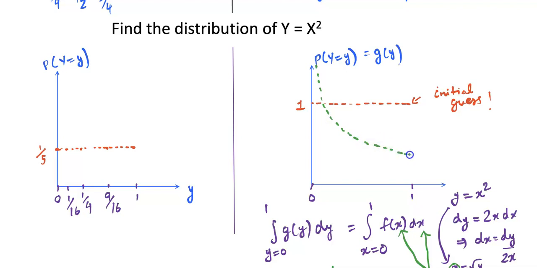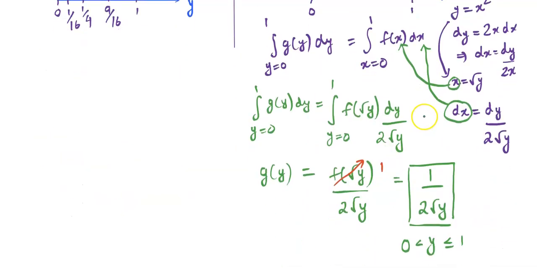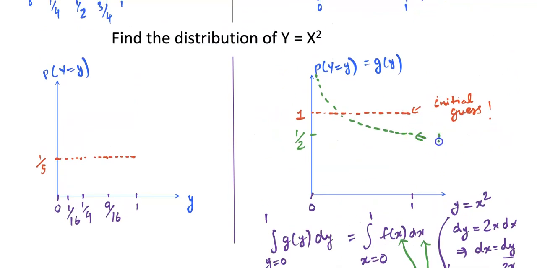it's going to take the value. Let me actually make sure the graph is drawn to scale. So when y is 0, this would tend to infinity, and when y equals 1, this is going to be 1/2. And this is the function, and this is g of y. Isn't this interesting?